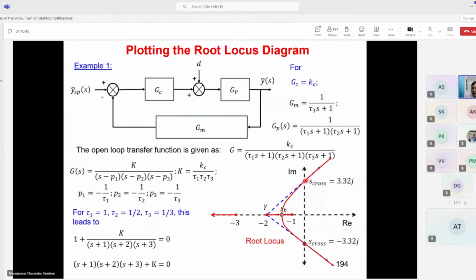What roots are we getting here? 3.32 j and minus 3.32 j. So we are getting j omega, where omega is 3.32. Can you see the point? Whenever I have the roots located on the imaginary axis, my roots are j omega directly.